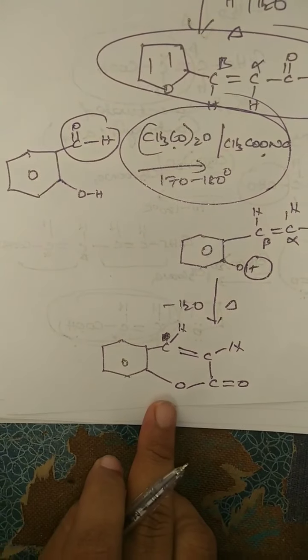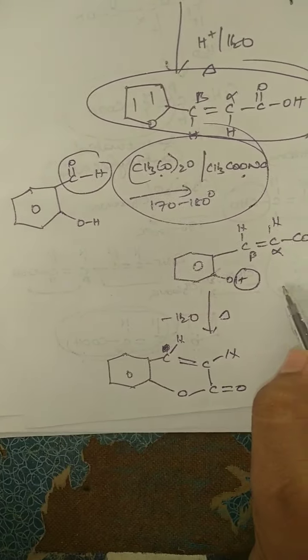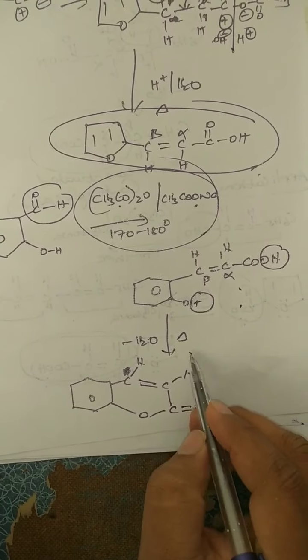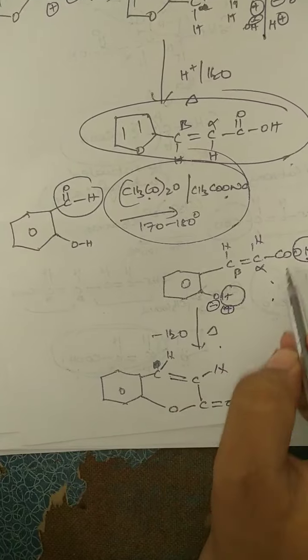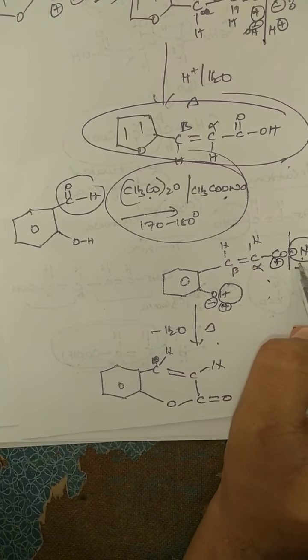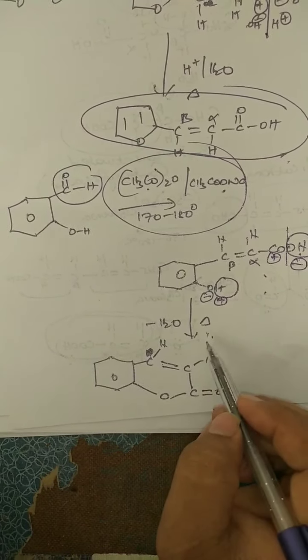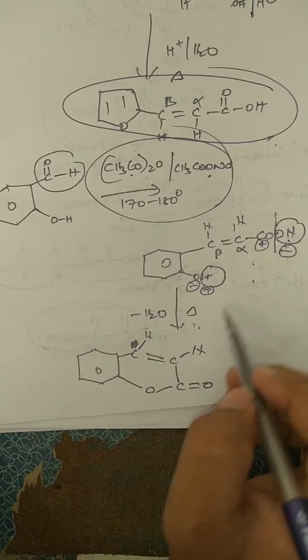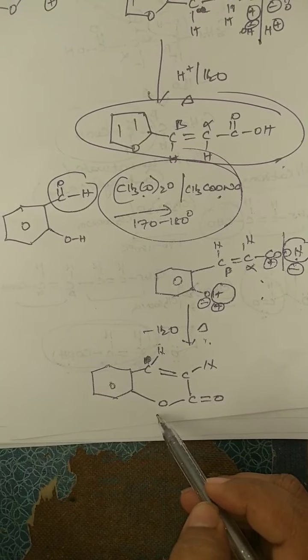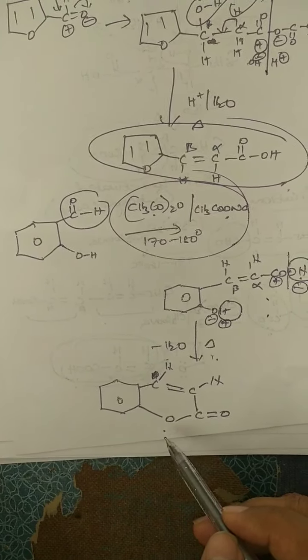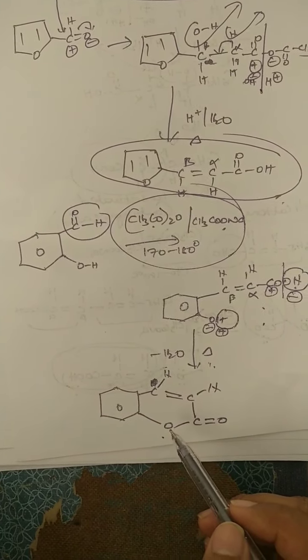Ring closure takes place. Generally we write like this, followed by heating. Here OH minus, here H plus. Like this the bond gets cleaved. Because we are heating it in aqueous medium now, a water molecule is eliminated and finally the ring gets closed. Right, students? So these are the applications.